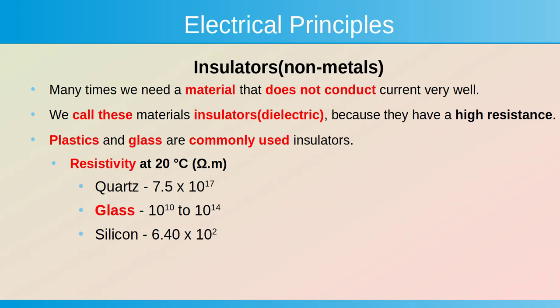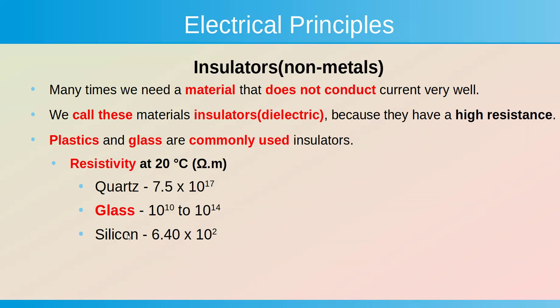And plastics and glass are what you see most of the time. I'm not sure where you see quartz as an insulator. It's a good one, but mostly you're going to see plastics or glass or ceramic or silicon itself.